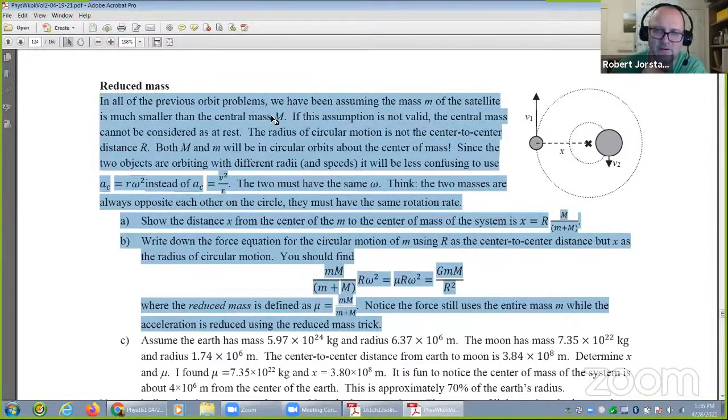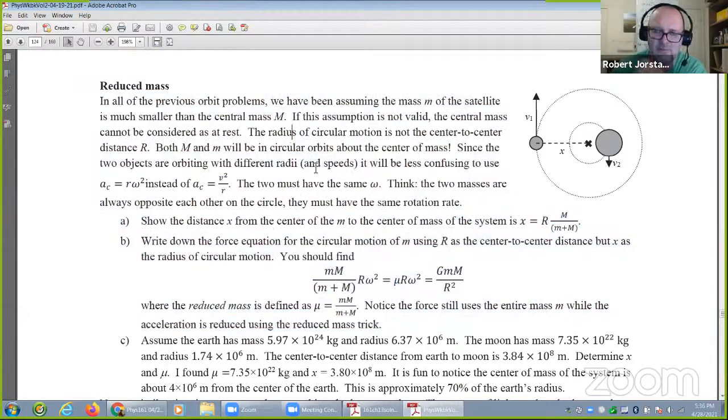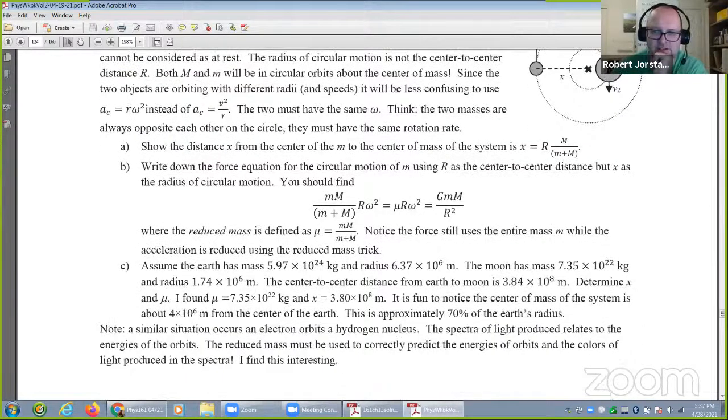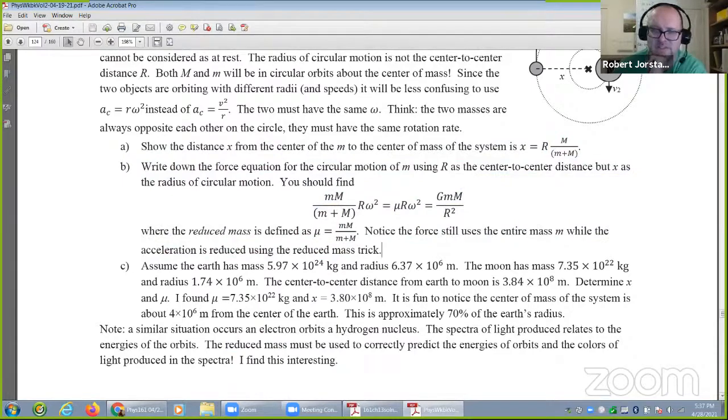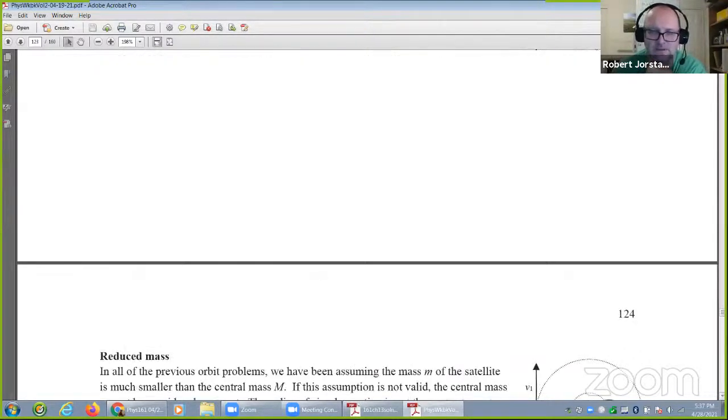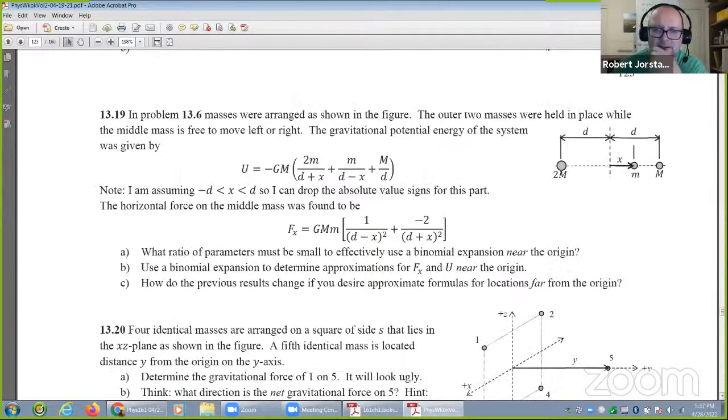If you're in some class later on and you need reduced mass, you could remember it's somewhere in here. It's got the title reduced mass if you need it. So physicists, we use this as well. It occurs in the spectrum. If you've ever done the Bohr model, usually they use the reduced mass of the electron. If you're wondering what the heck that is and why it works, you can watch this and see how it works out. So chemists, physicists, you better do that one at some point, maybe in the summertime with all your free time.